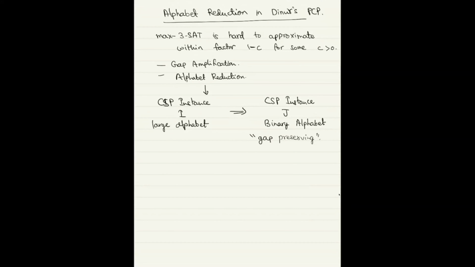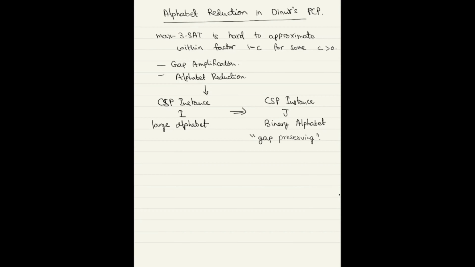By that I mean, if I is satisfiable, J is satisfiable as well. And if we can only satisfy some 0.99 fraction of constraints in I, we can satisfy some constant fraction, let's say 0.98 or 0.995, of constraints in J. This is the whole alphabet reduction step.